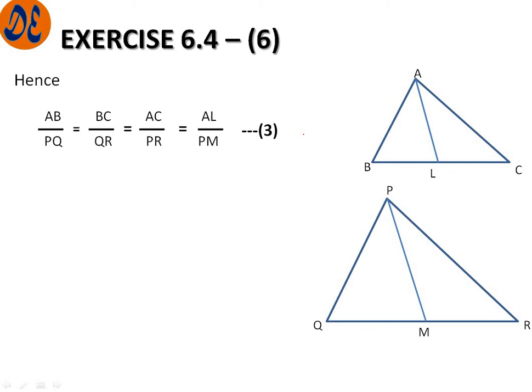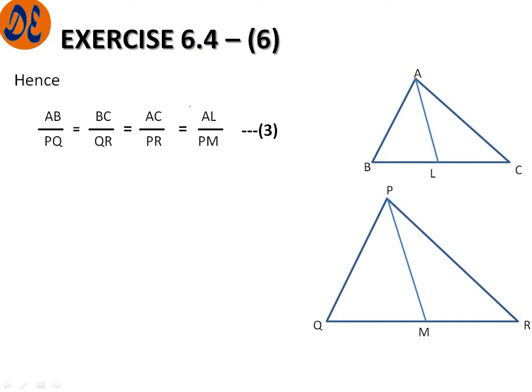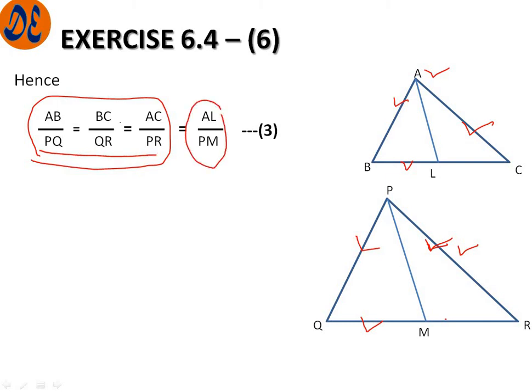So again what we have shown here, clearly see, these three ratios had been got from the similarity of ABC and PQR, that means AB by PQ is equal to BC by QR is equal to AC by PR. And right now we have achieved from these two triangles that AB by PQ is equal to AL by PM.